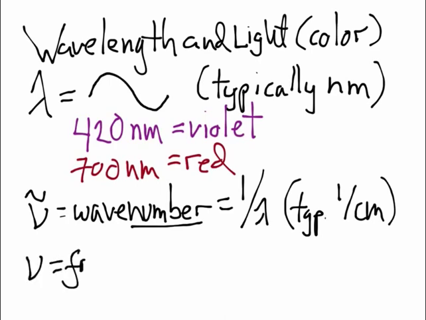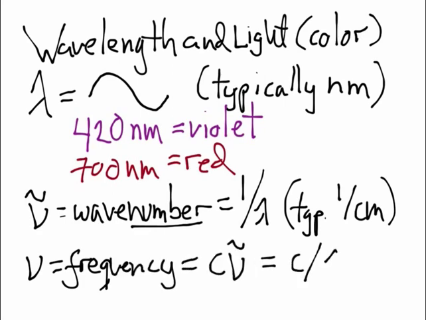We can also think of the frequency of the light, and that's just regular old nu without the twiddle. You get the frequency by taking the wave number, nu twiddle, and multiplying it by the speed of light, c. Alternately, you get the frequency by taking the speed of light and dividing it by the wavelength. Either way works. So we're going to refer to the properties of wavelength and wave number and frequency interchangeably by using these conversions a lot during the class.